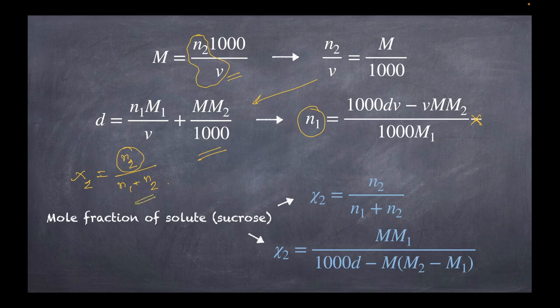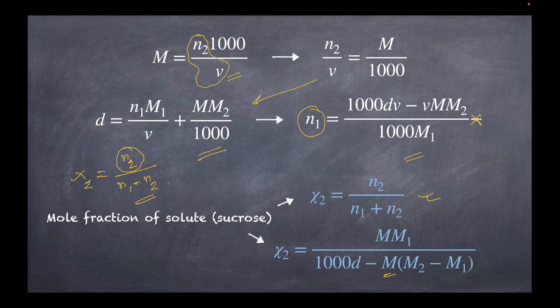So we know the expression of N1 now from this expression. So we can put the expression here in the expression of chi2. So chi2 will be equal to capital M, which is the molarity of our solution, times capital M1, the molar mass of the solvent, divided by 1000 times density minus capital M times M2 minus M1.